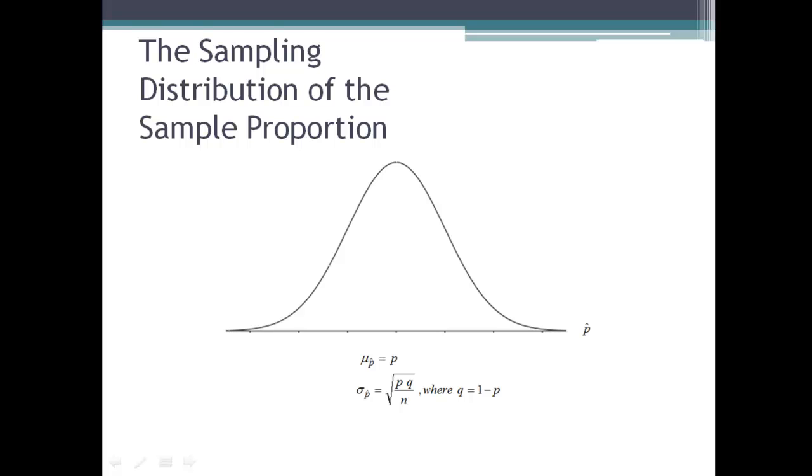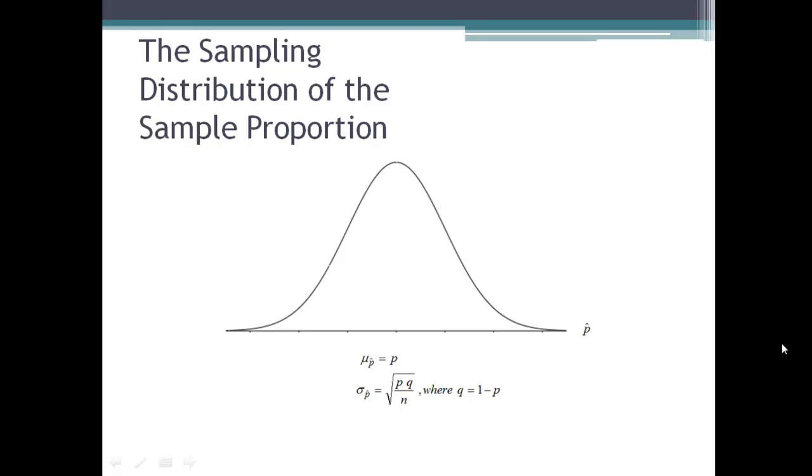So let's just look now at the sampling distribution and its properties. It's going to be a bell curve if we take a large enough sample. It's a distribution of the P hats, that's why I have P hat over here. And it has a mean of the P hats equal to the population proportion P. And then it has a standard error.